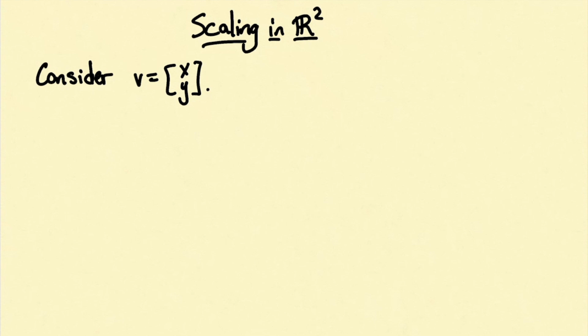Again, we'll regard the vector as an arrow originating from the point 0, 0, or the origin, to the point x, y.